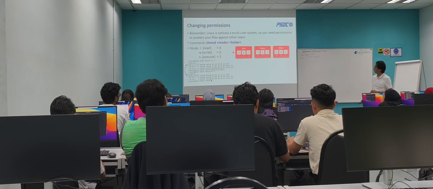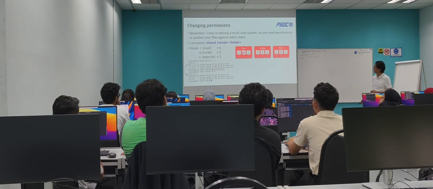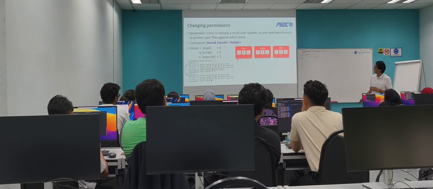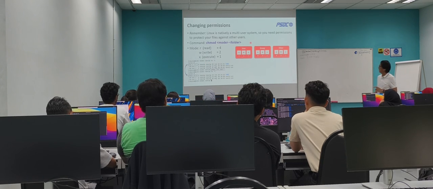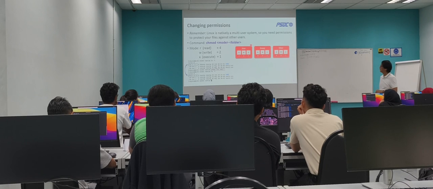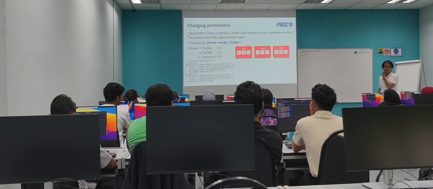So this is considered bit 0, bit 1, and bit 2, which is binary form, right? If I turn on 1, then it's readable. It breaks up into 3 fields: user, group, and others. User is the owner of that file or folder.